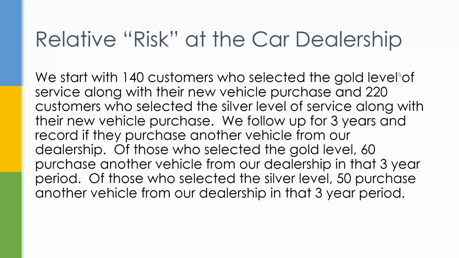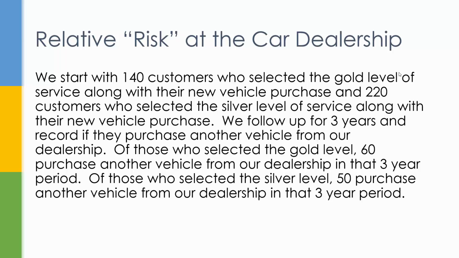I'm going to talk about relative risk at the car dealership. So we start with 140 customers who select the gold level of services along with their new vehicle purchase. And then there's another 220 customers who selected the silver level of service when they bought their car or truck or whatever it was. So we follow them up for 3 years and record if they purchase another vehicle from our dealership.